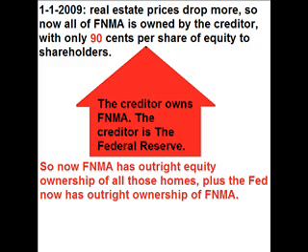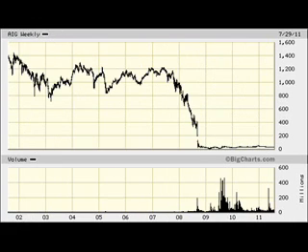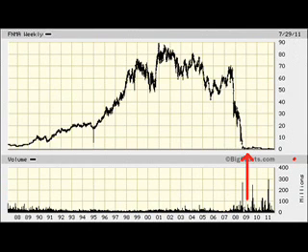So 2009, real estate prices dropped more. Washington Mutual stock shares go to almost nothing. AIG stock shares, they were insuring all those mortgage insurance policies and all. They went to nothing. Fannie Mae went to 90 cents per share.